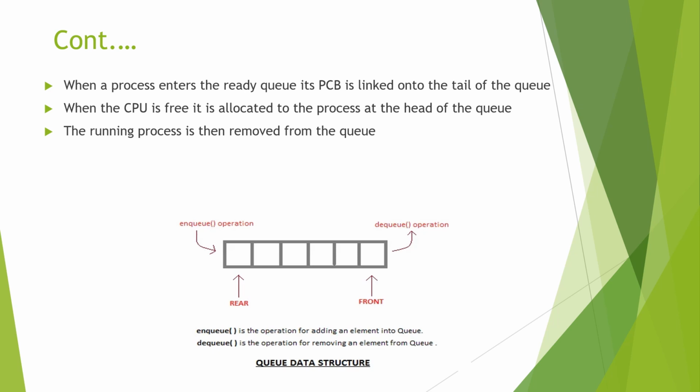The queue has the front part and the rear part. The DQ operation happens to the front part. The NQ operation happens to the rear part. NQ is the operation for adding an element into the queue. DQ is the operation for removing an element.